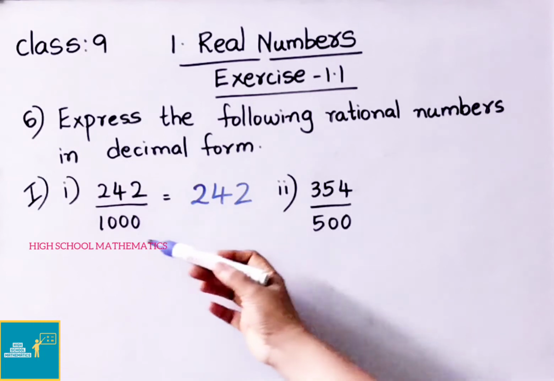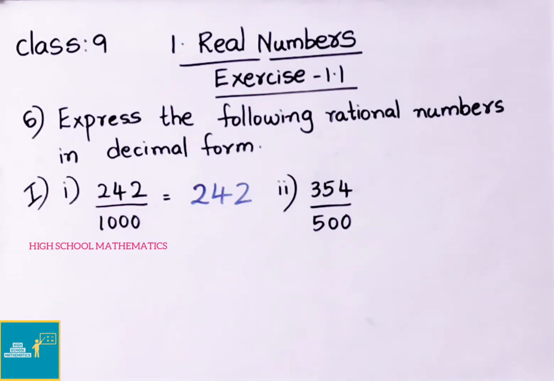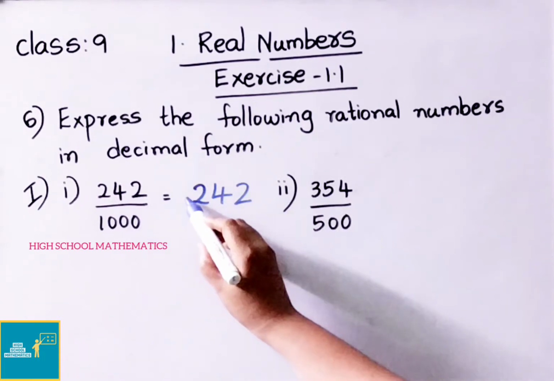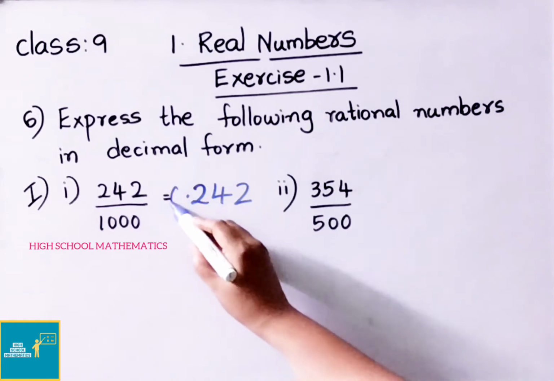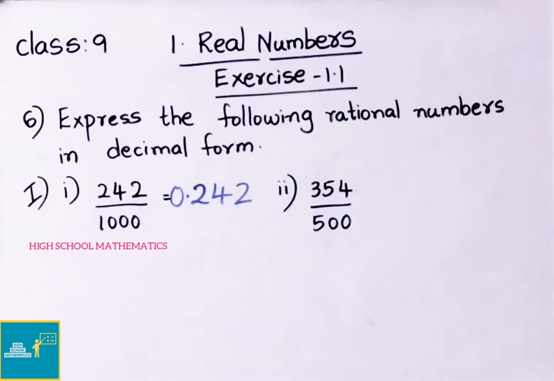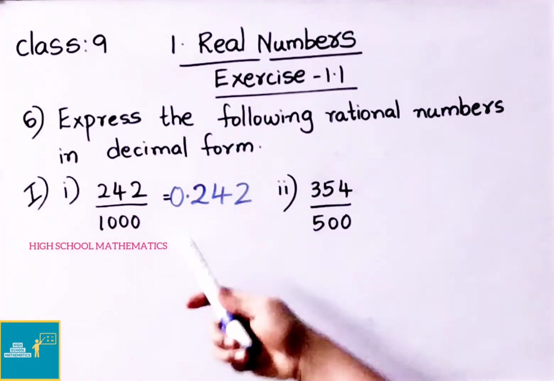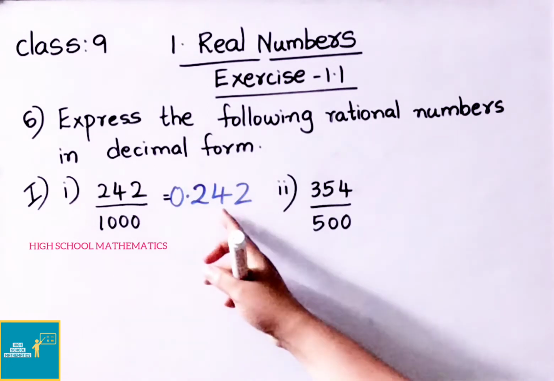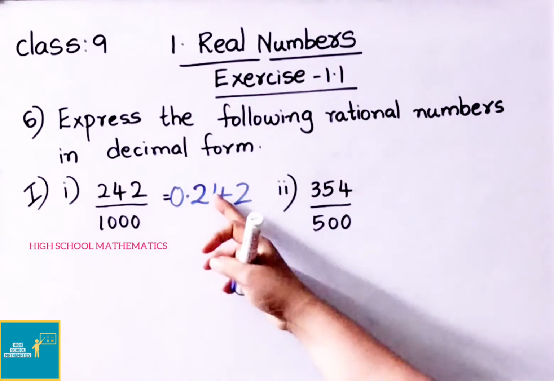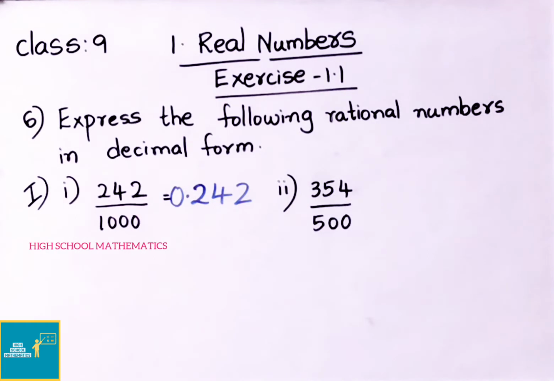The denominator is 1000, so 3 digits from the right, place the decimal point and write down 0. So the answer is 0.242. Similarly, if we have denominator 100, then from the right side we place the decimal after 2 digits.